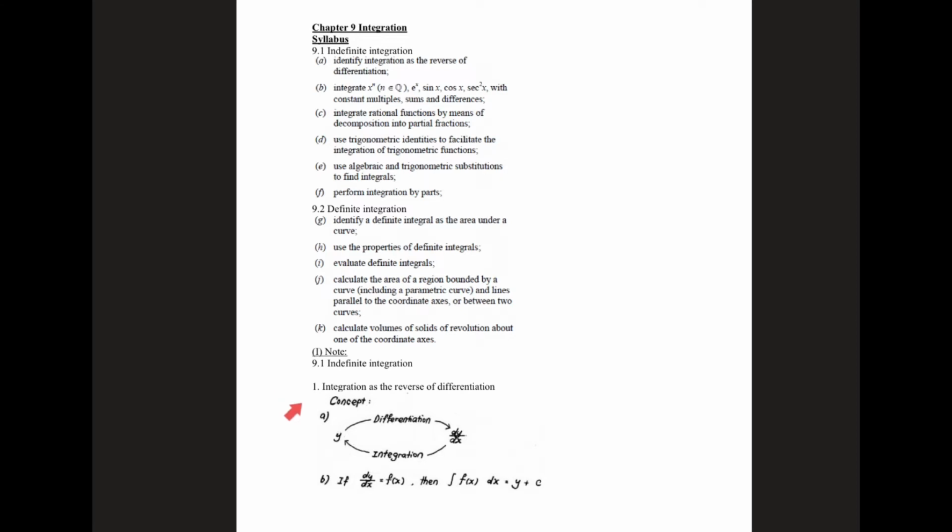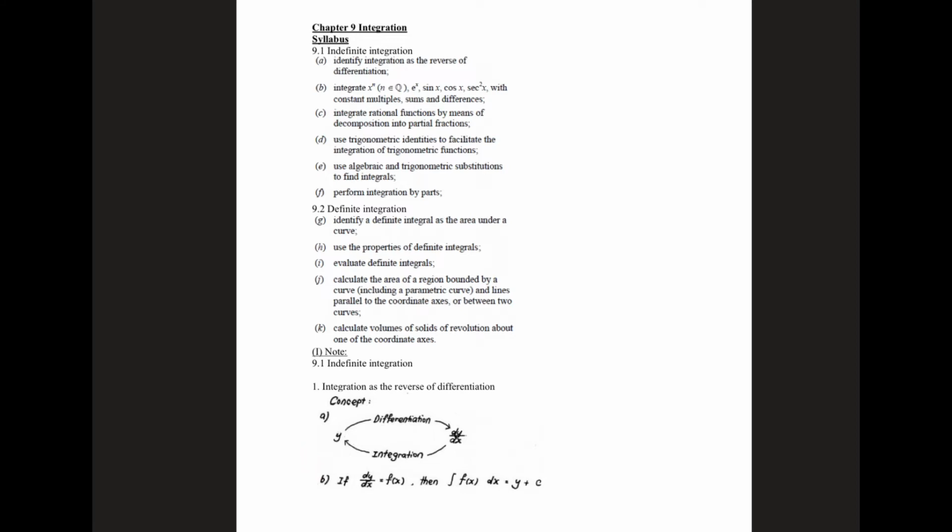What we have here is integration as the reverse of differentiation. The concept here is when we do differentiation, y becomes dy dx. But when you integrate dy dx, it becomes y.